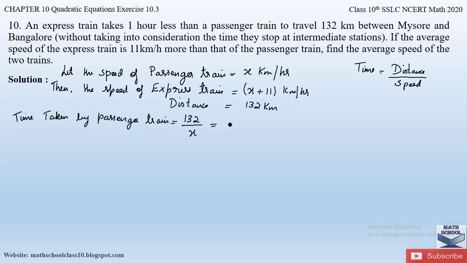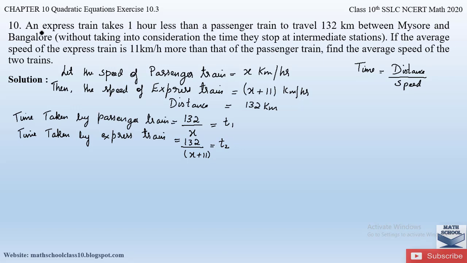Let us take this as t1. Similarly, the time taken by the express train is again 132 kilometers divided by the speed x plus 11. Let this be t2.